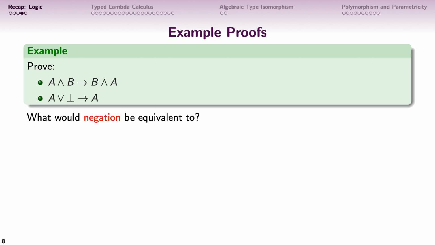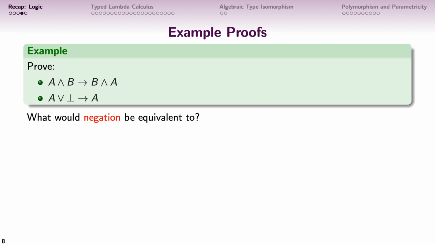Well, we have this well-known identity that A implies B is the same as not A or B. We also know that A or false is the same thing as A. So that means that if I said A implies false, that's the same thing as not A or false, which is the same thing as not A. So therefore, negation is just the same thing as implying false.